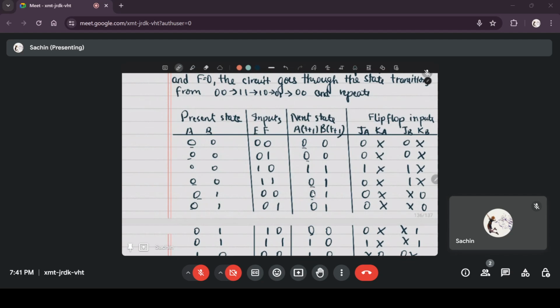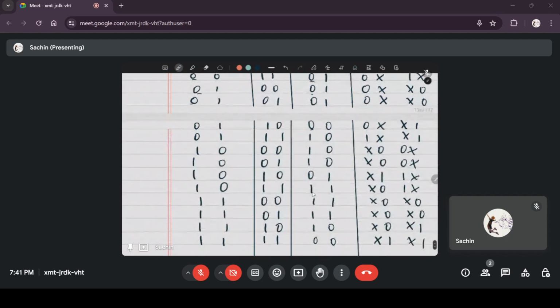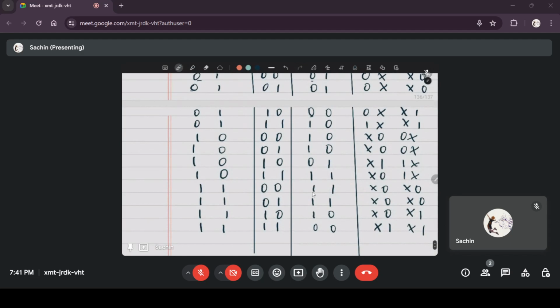So AB and EF as the inputs to get functions for JA and KA, with the x's all being don't cares here. And then you simplify that using a K map.